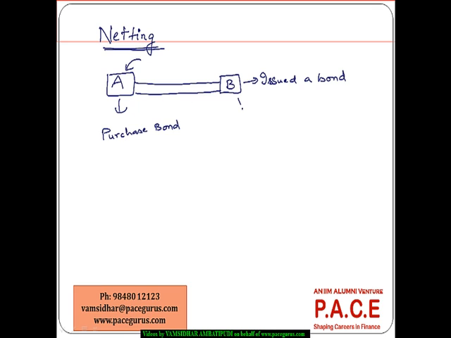Now let's say B has gone bankrupt, right? Now what will happen to A here? A can expect a big loss because B has defaulted, and whatever there is a recovery, okay, we can say that something can be recovered from B by selling some of the assets of B. But again, there is a time before which any recovery can occur.